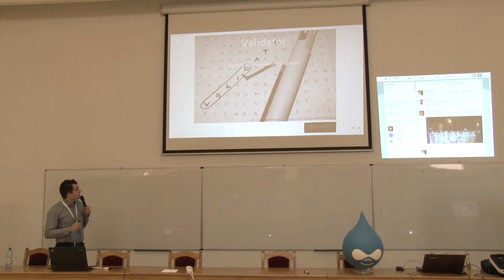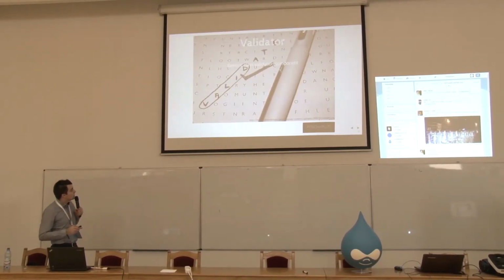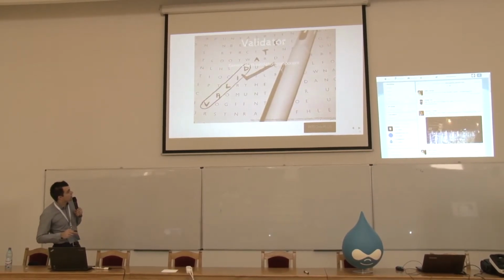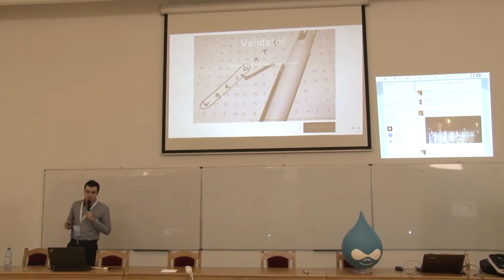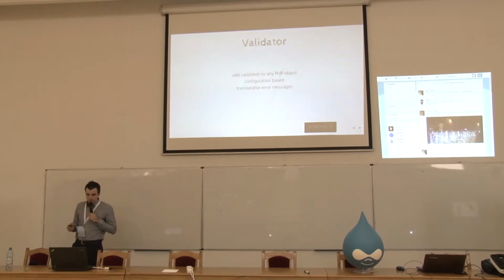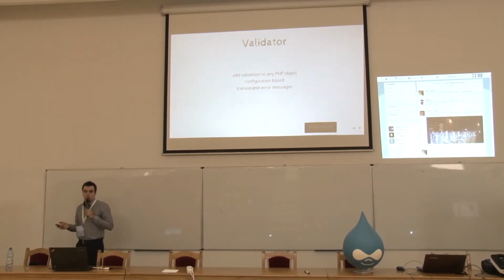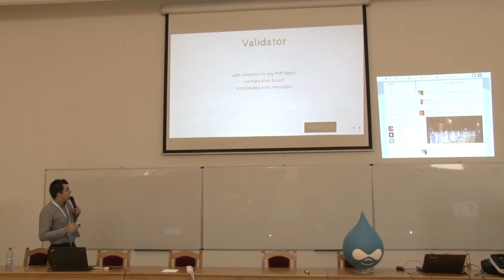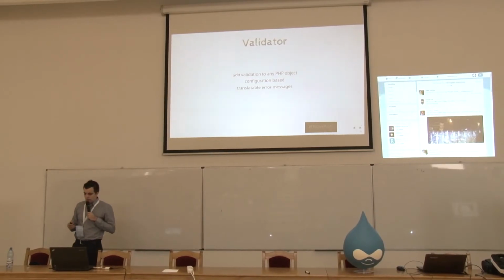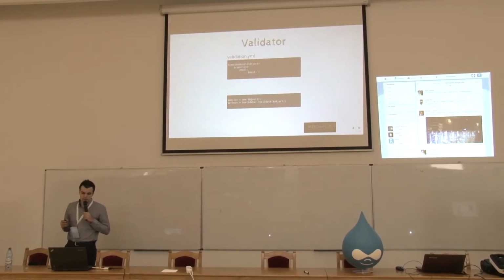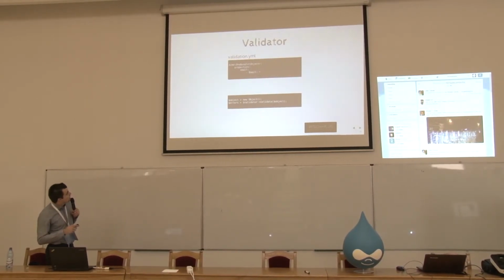Next, we have the validator component. This offers generic class validation, so you can have validation on any PHP object. It is also configuration based. You can have translatable error messages. So this is how validation looks.